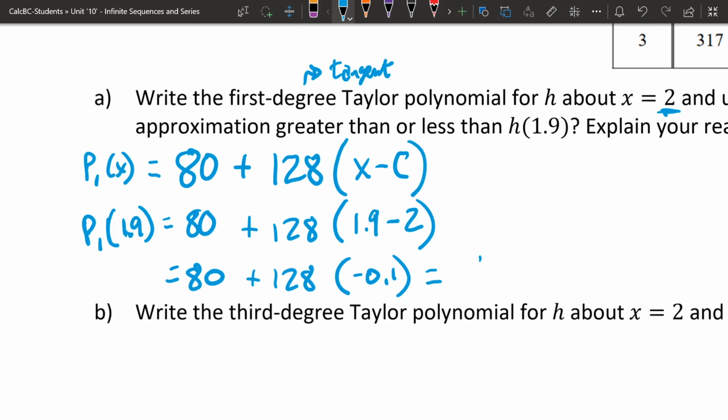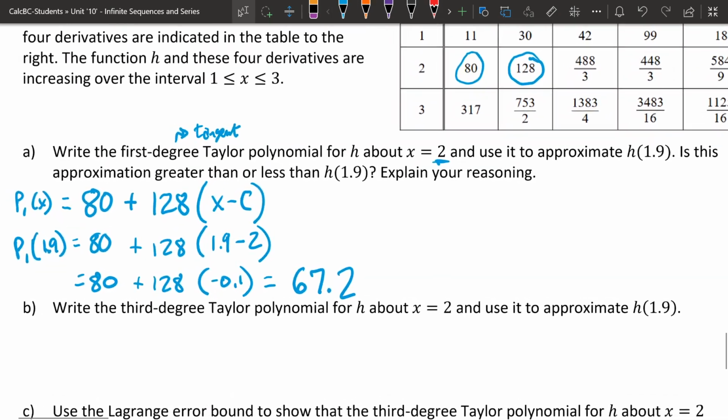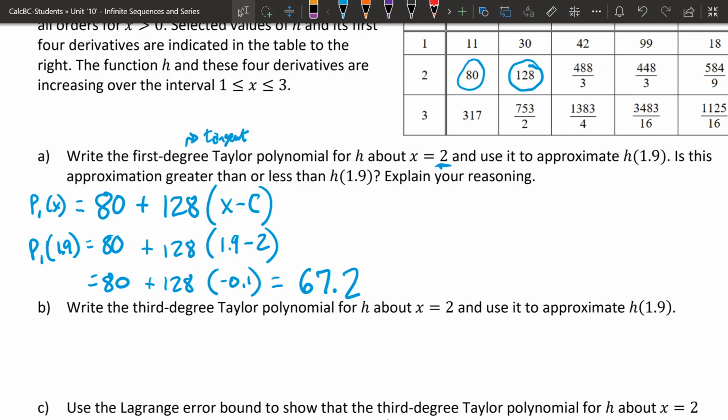And if we evaluate that, we get the value of 67.2 as our approximation. So h of 1.9 is approximately p sub 1 of 1.9, which is 67.2.